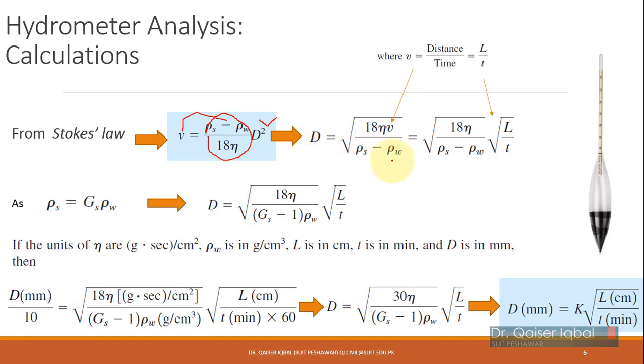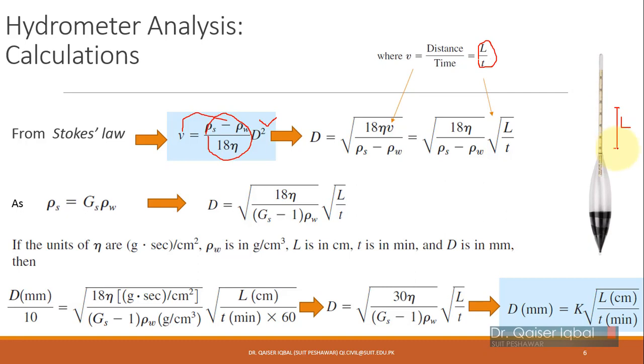Now you know that velocity v is equal to distance divided by time, or length divided by time, or length traveled by something in a given time period. So let's replace velocity with length divided by time, which is the length traveled by this hydrometer in a given time t.